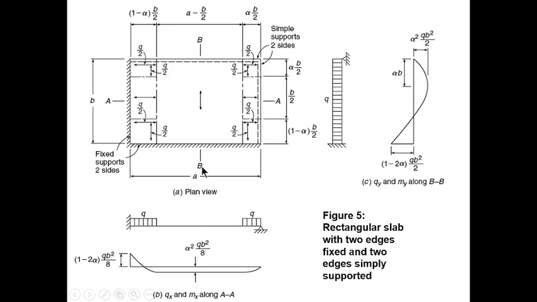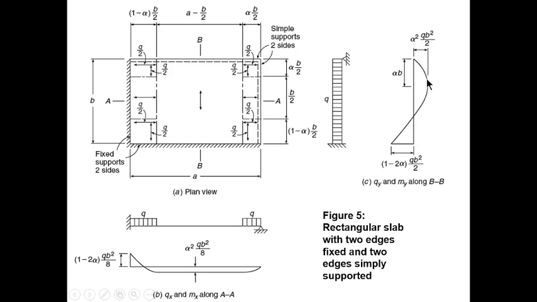If you take moments at BB, that is at this middle strip in this direction, this is what you're going to have. Because you have a load across the entire span, and one side is continuous, one side is simply supported, this is how the bending moment will look. There's a support moment here. There is no support moment here.